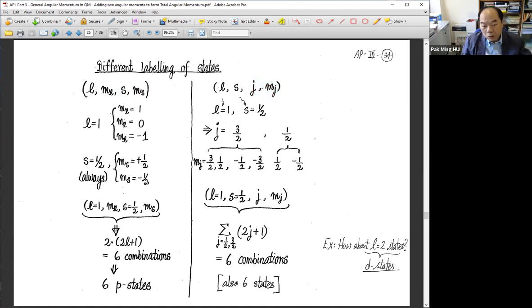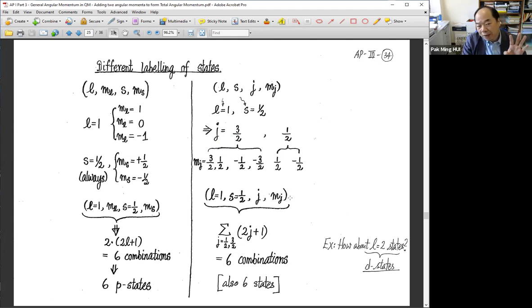So following the rule, for P state, J will have 3 half and half. And behind this 3 half, there are 4 states. Behind this half, we have 2 states. Altogether, 6 states, no more, no less. That's why I'm saying that it amounts to relabeling the 6 P states.